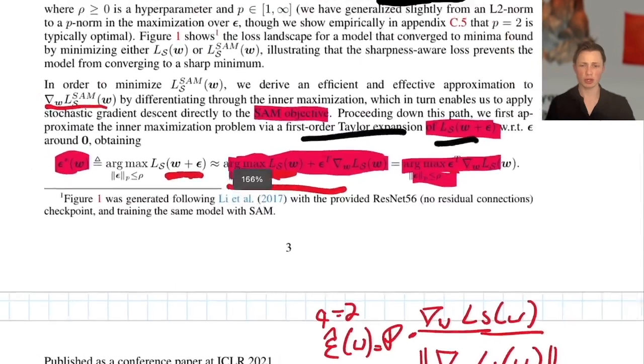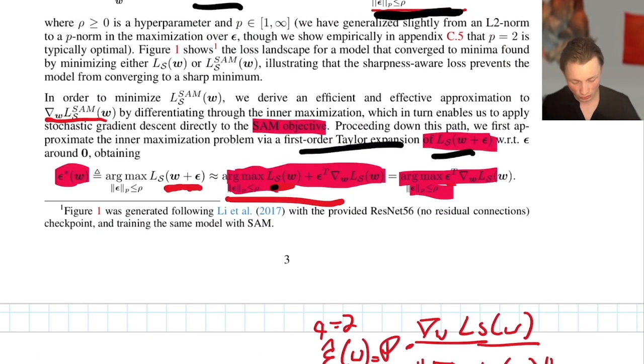In this function, first of all, we take the normal value for w, our current parameter configuration, we can calculate the loss, and then we take the gradient, and then we have to find our epsilon, so which epsilon is maximizing this one here. So we have a vector and we have another vector, and the vector that maximizes this is the vector that gives us the largest dot product.